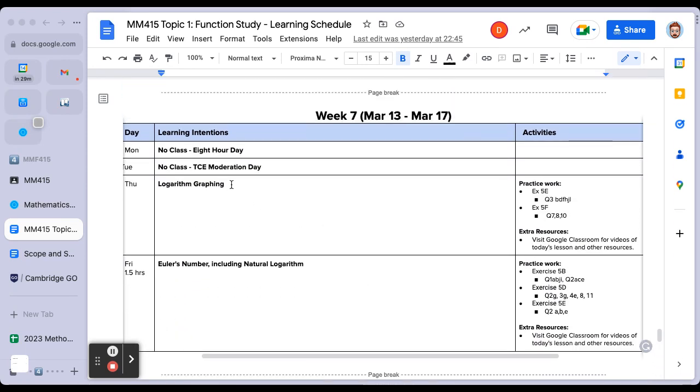So we are at the logarithm graphing. You can see here that I've got exercise 5E, question 3, and exercise 5F. Give me a moment and I'll make these links to the interactive textbook. I just hadn't quite got around to doing that. I'll put an appointments list up on the board. You come up and ask me questions when you're getting stuck on stuff. Otherwise, just maximize your practice time.